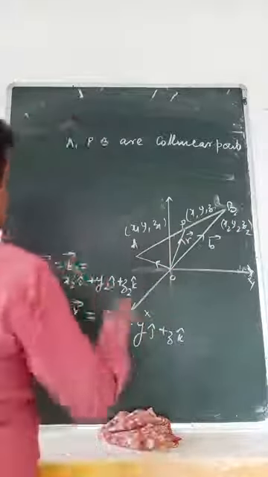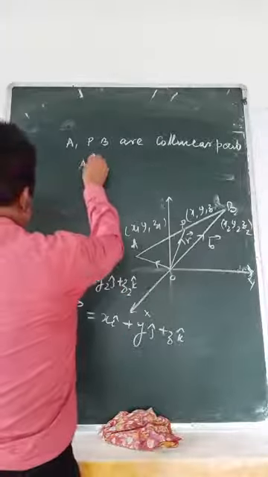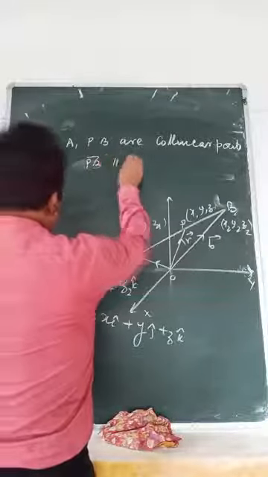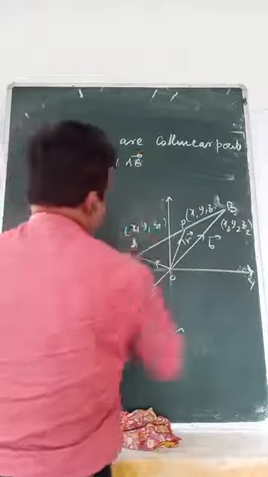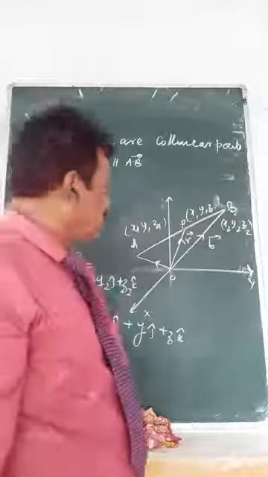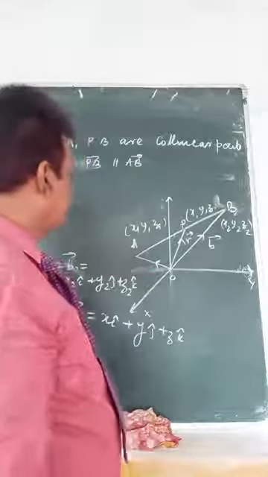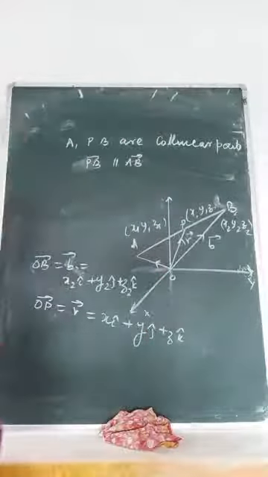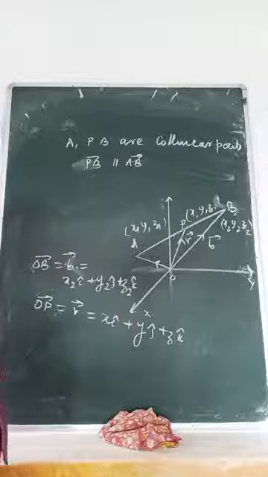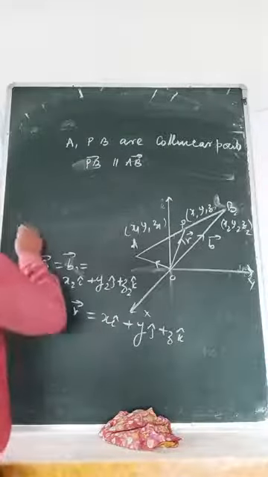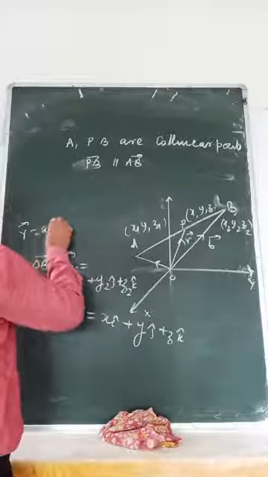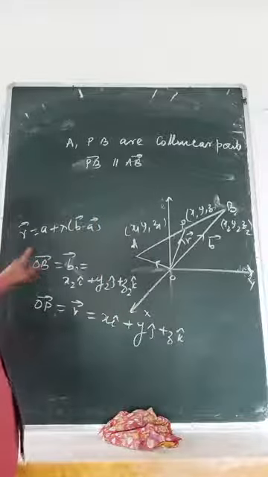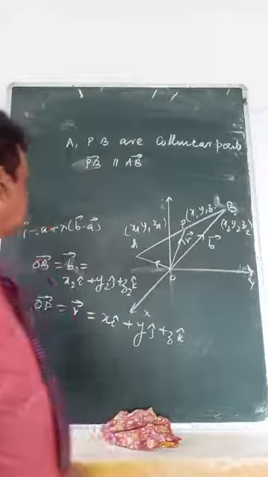You can say that a PB vector can be parallel to AB vector. Possible or not? PB vector is parallel to AB vector. So can I write that R is equal to A plus lambda B minus A? This is what you have to derive. R is equal to A plus lambda B minus A.